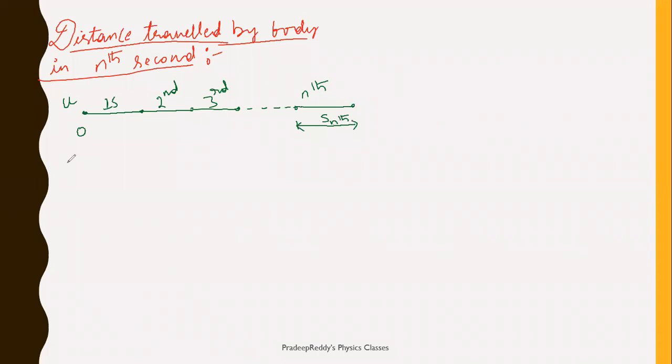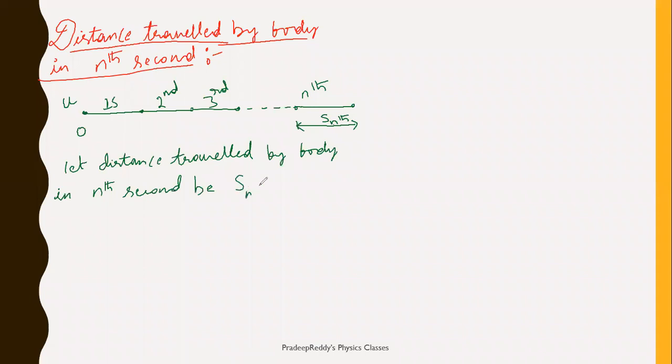Okay, let the distance traveled by the body in the nth second be Sn. I am considering the distance traveled by the body in the nth second as Sn. Fine. Now till here it should be clear.